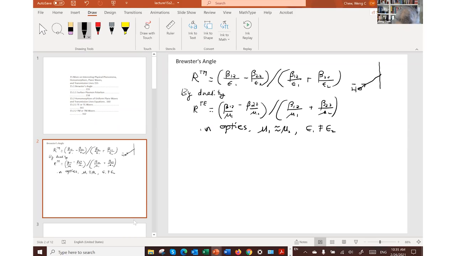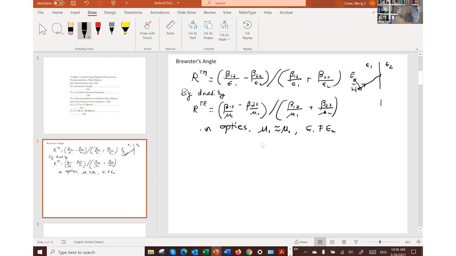So if you look at the electric field, it would have to be something like this. At this interface, you can see that the electric field has a component that is normal to the interface between epsilon_1 and epsilon_2. This normal component of the electric field implies that the normal flux has to be continuous, and you have epsilon_1 and epsilon_2 appearing in your reflection coefficient.